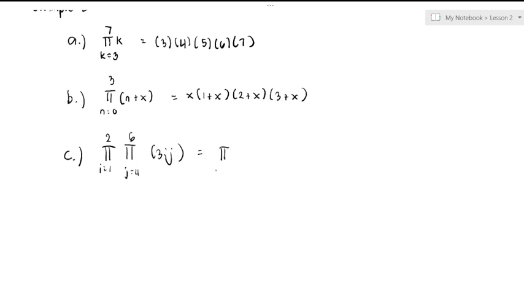So, stay muna natin, kopyahin to, 1 to 2. Tapos, i-substitute na natin yung sa j. So, this is 3i times 4, 3i times 5, kasi nagsimula tayo sa 4, ayan, papunta sa 6. 3i times 6.